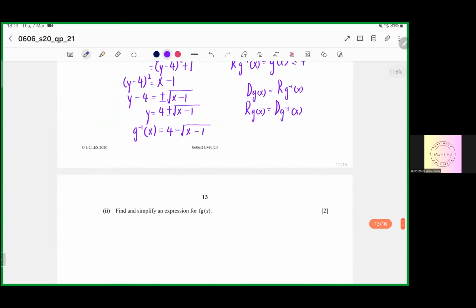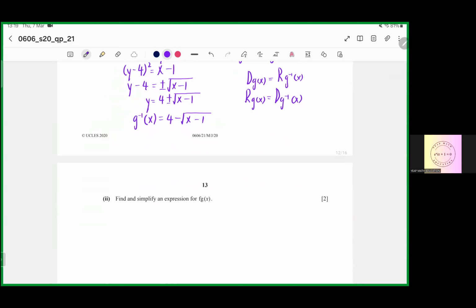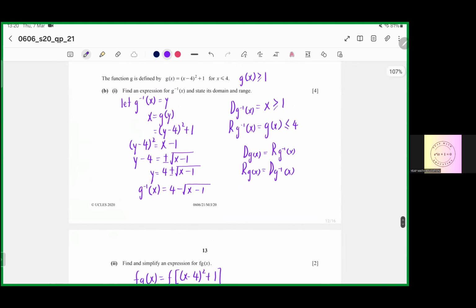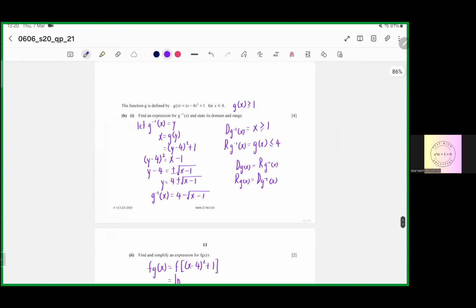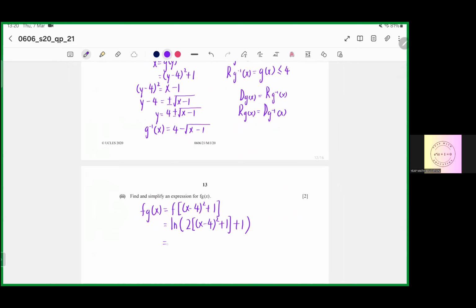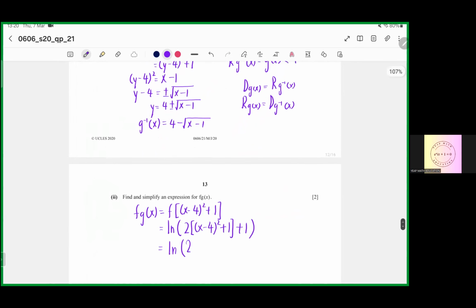Now we look at part 2: find and simplify an expression for fg(x). fg(x) equals f of (x minus 4) squared plus 1, which is ln(2((x minus 4) squared plus 1) plus 1).